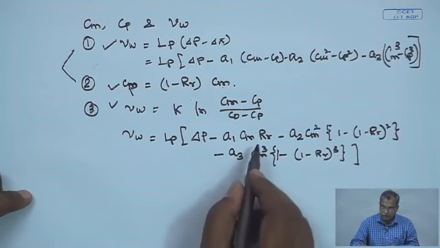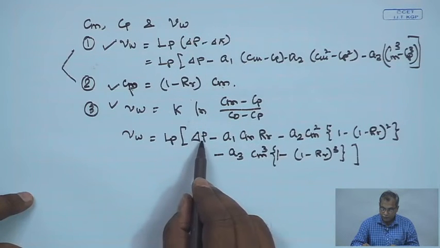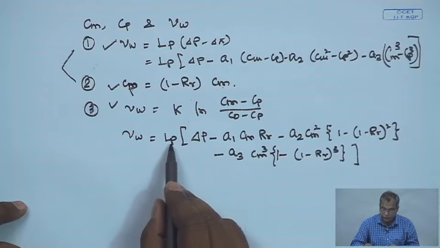Since Rr is constant, A1, A2, A3, the osmotic pressure coefficients, are constant, and delta P is constant for a particular operating condition, Lp is constant.